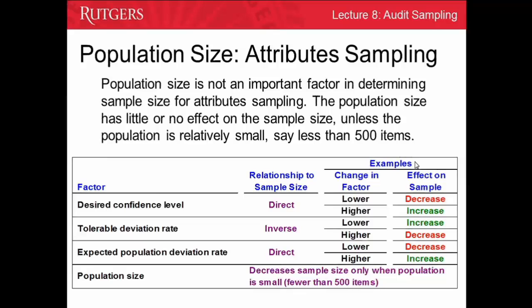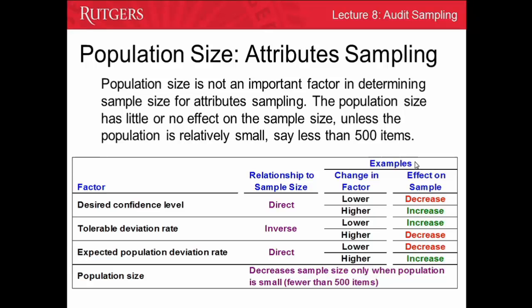Then you may be a little bit surprised that the size of the population is not an important factor in determining the sample size for attribute sampling. Actually, the population size has little or no effect on the sample size unless the population is relatively small, say less than 500 items.